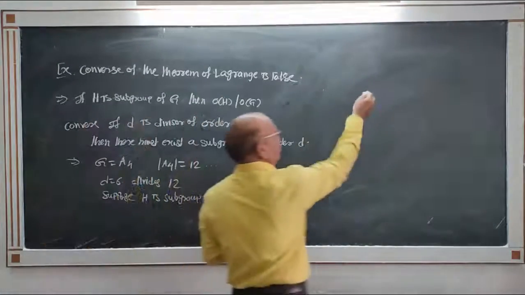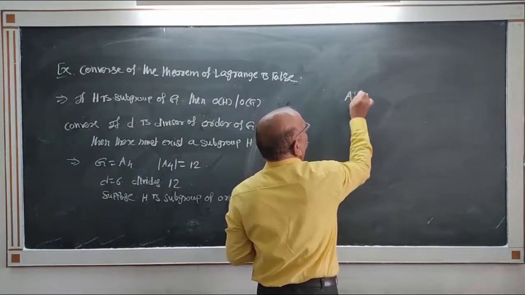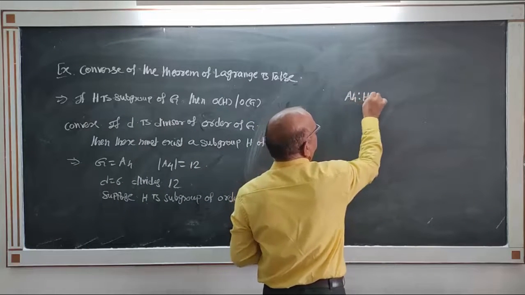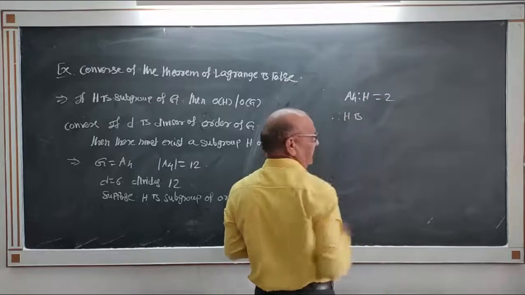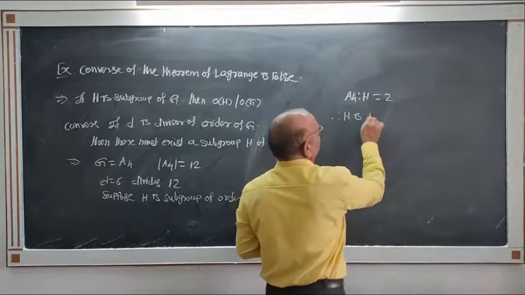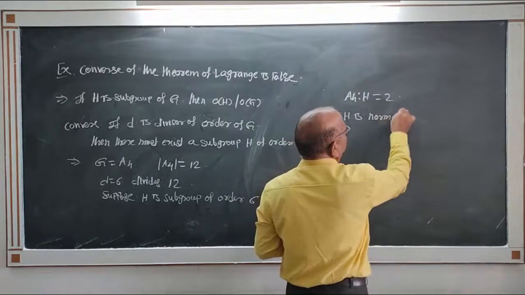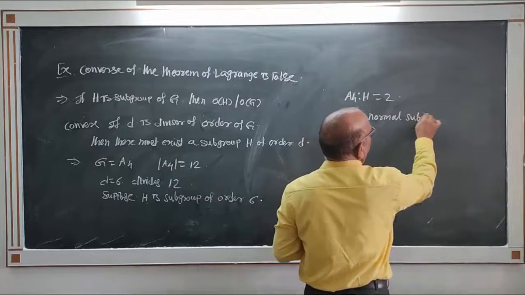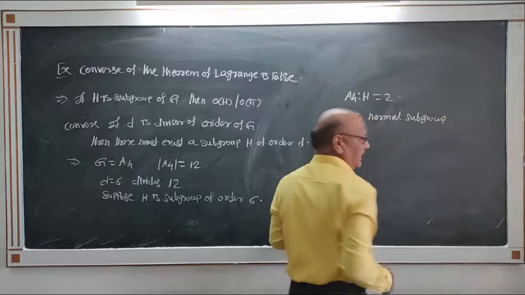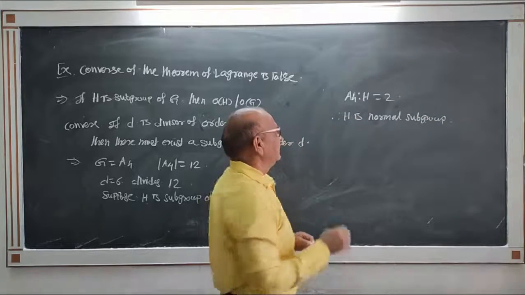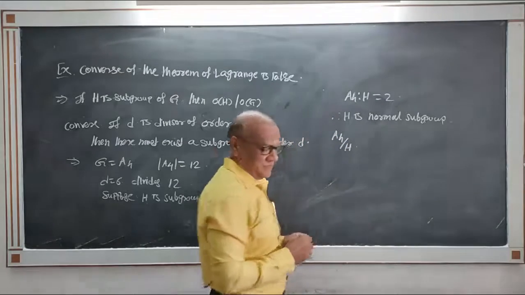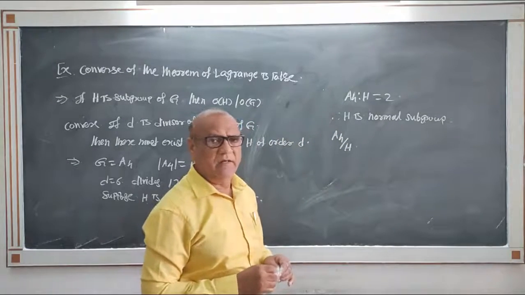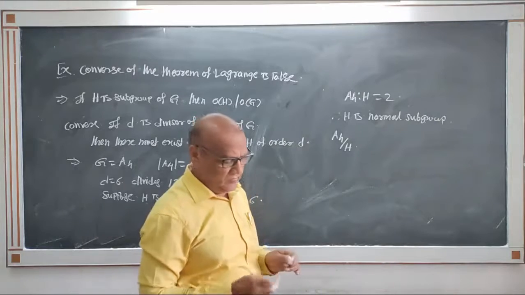That means the index of H in A4 is equal to 2. Therefore H is a normal subgroup, and A4 by H contains two elements.